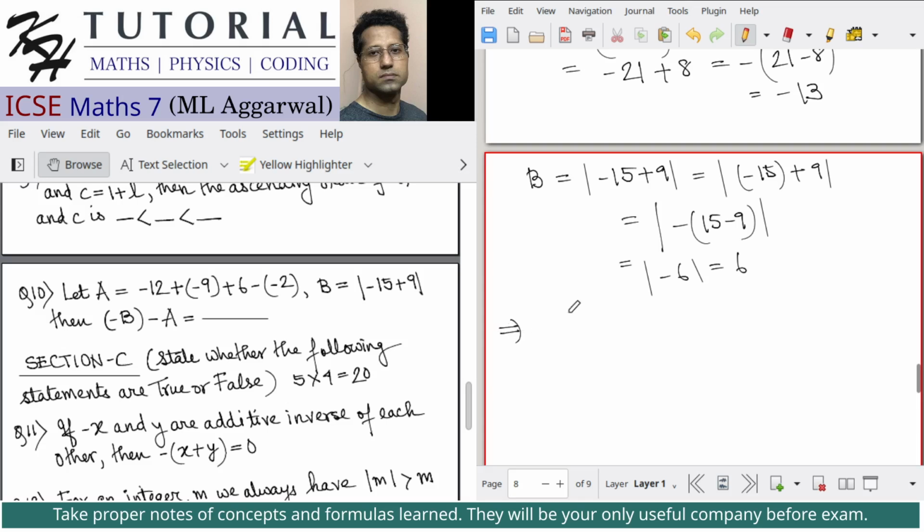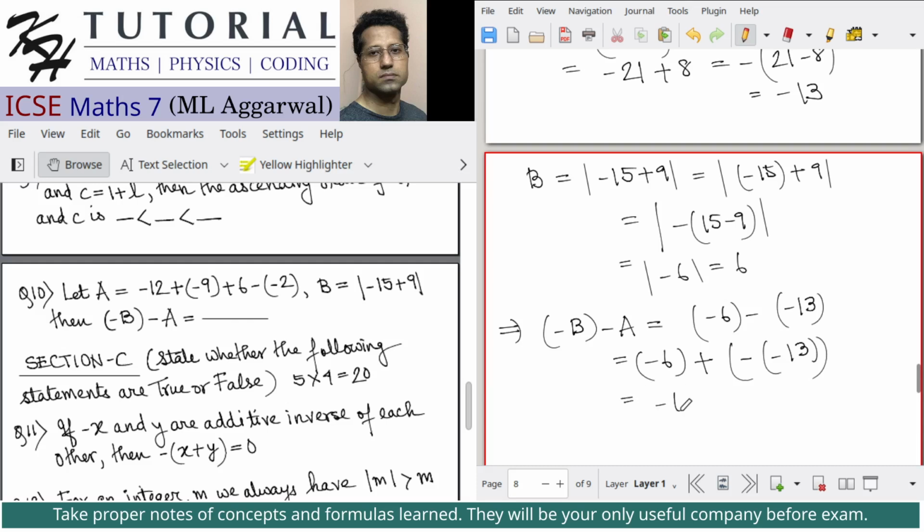So negative of B minus A will be equal to negative of 6 minus A, where A is minus 13. So this is minus 6, and we are subtracting minus 13 from minus 6. So we will add the additive inverse of minus 13, that is negative of minus 13.